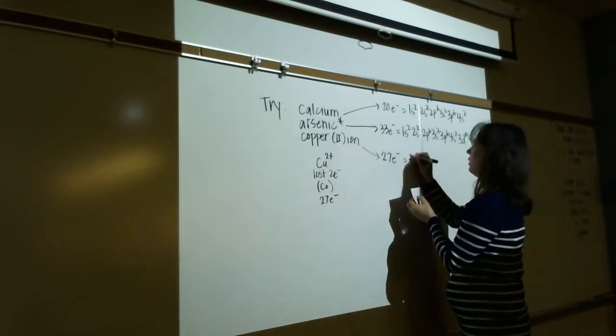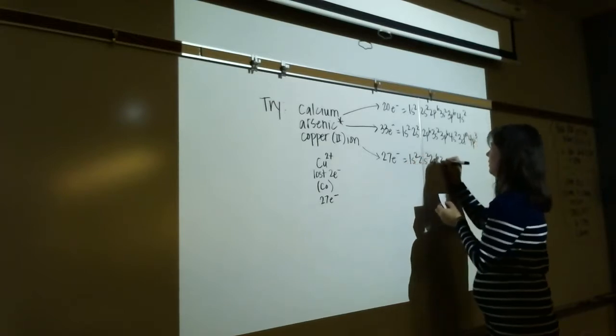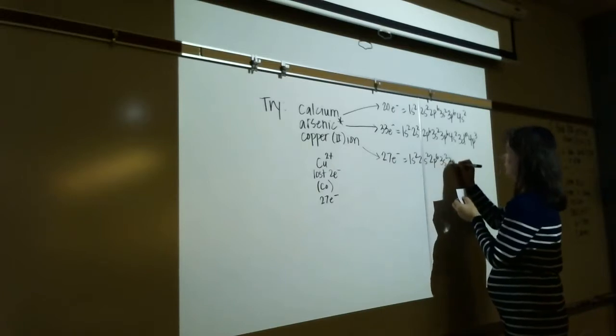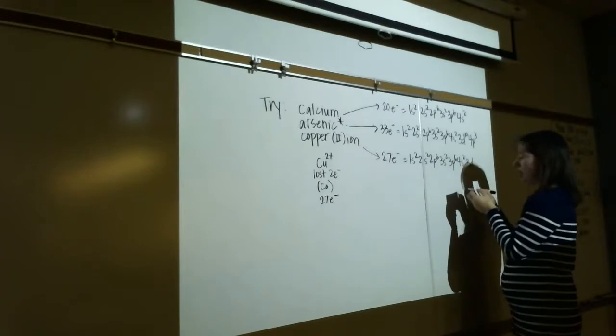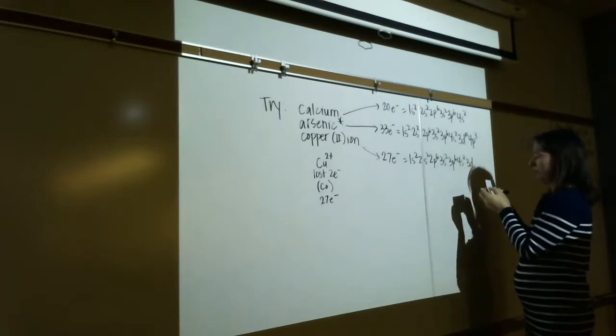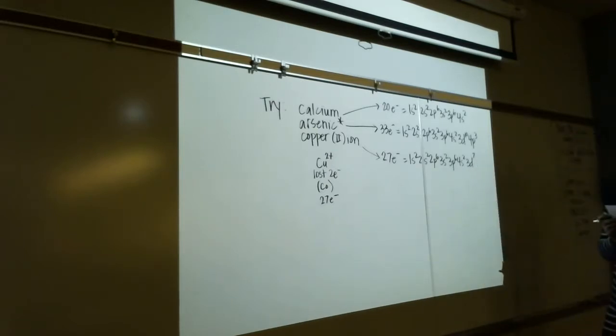So here we go. 1s2, 2s2, 2p6, 3s2, 3p6, 4s2, 3d. Cobalt gets us 1, 2, 3, 4, 5, 6, 7. Do we agree?